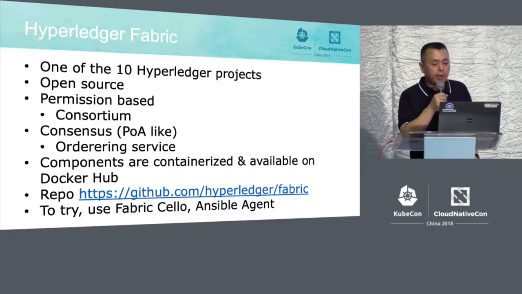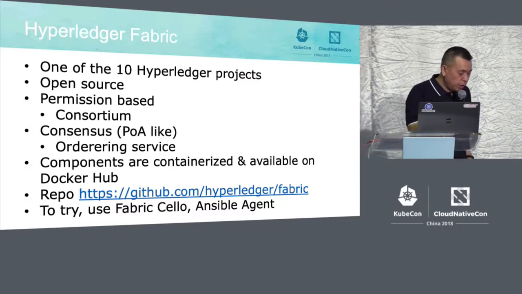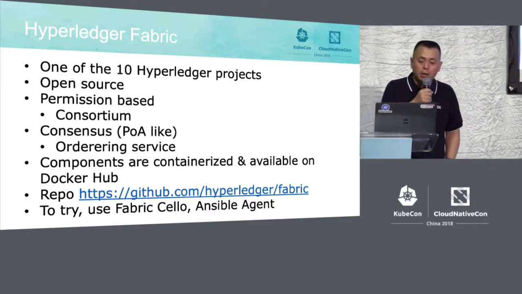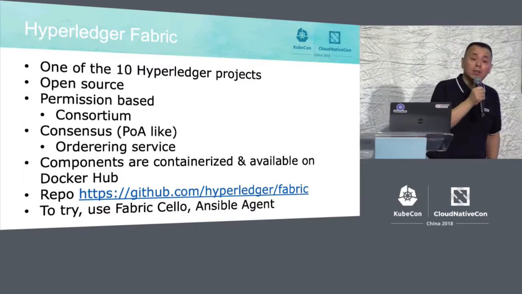The other thing that's quite unique about Hyperledger Fabric is that when we build Fabric, we deliver those components as containers, rather than binary code.